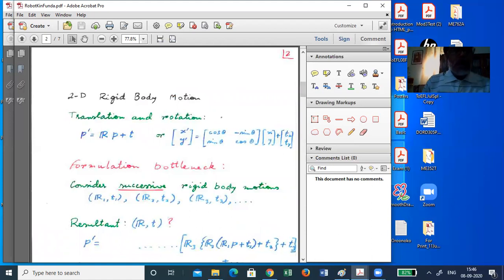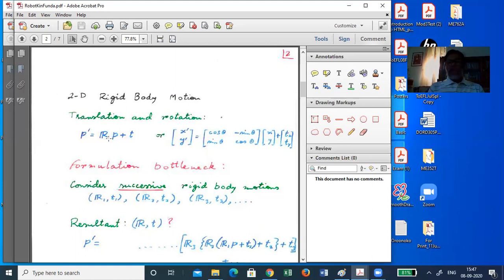Now we consider 2D rigid body motion, combining translation and rotation. So you will say that rotate and then translate. Translation, all of us know that each coordinate changes by the corresponding movement.